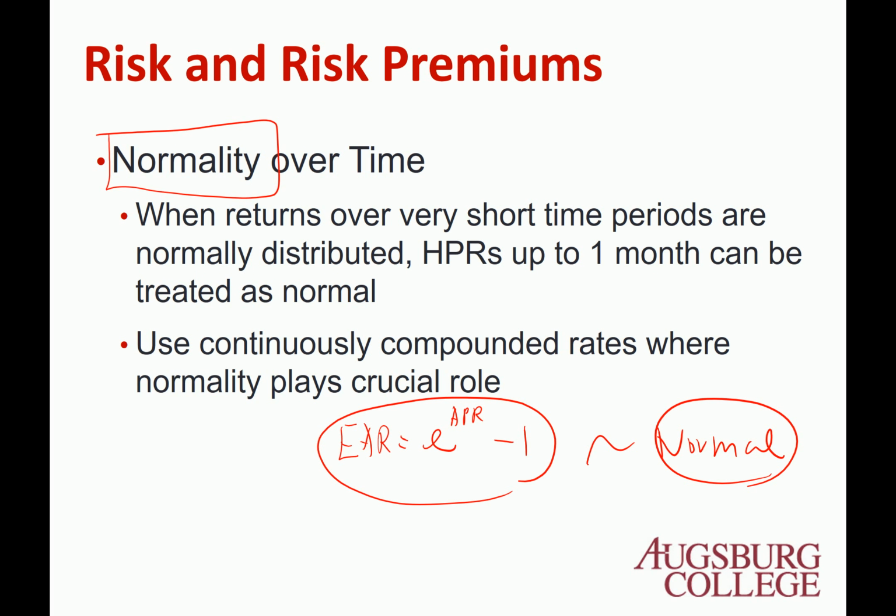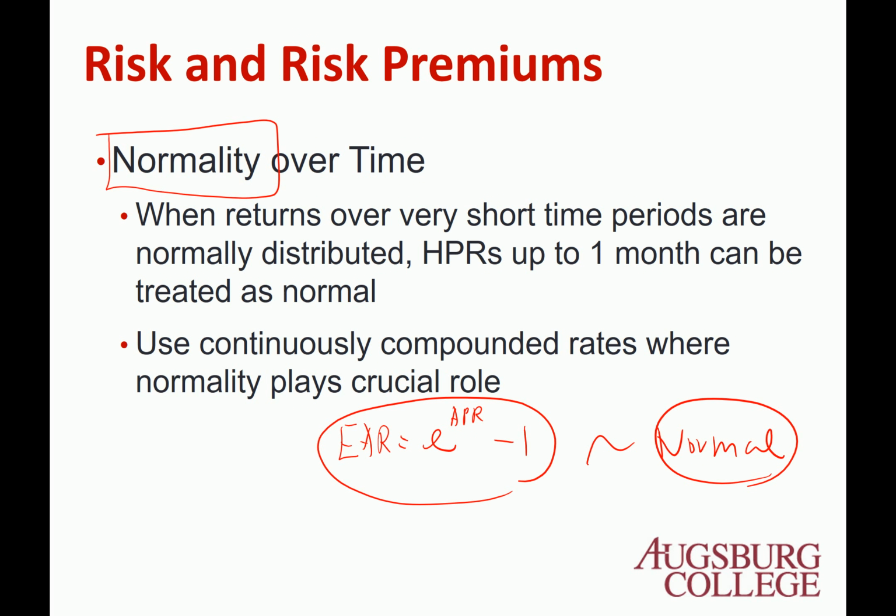Annual return, however, is possibly not normal, but monthly return is mostly normal. In fact, the gap between the EAR and the APR for a monthly rate is narrower than the annual one.